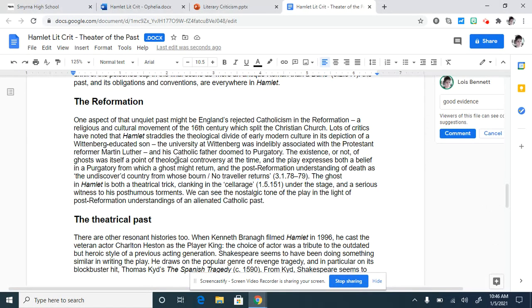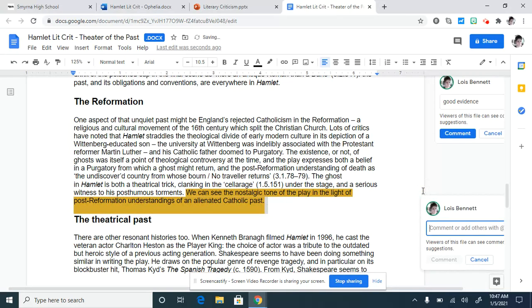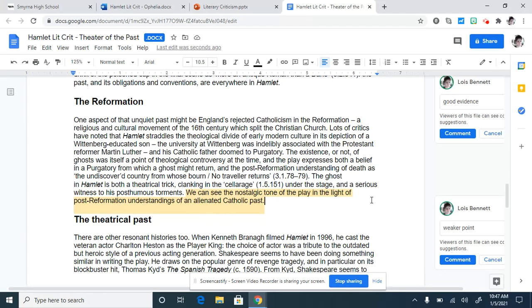This is a little weaker because, although it says that the Reformation was from the 16th century, that's not that long ago in Shakespeare's day. And it also kind of connects it to modern England as well. So this is a weaker point, although I would say it's stronger than the beginning point.